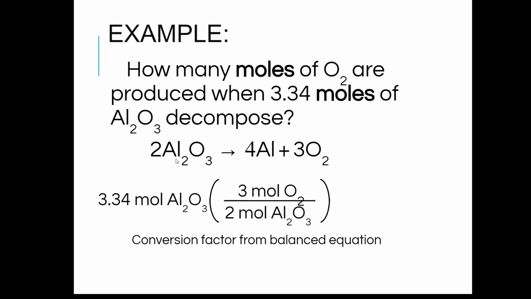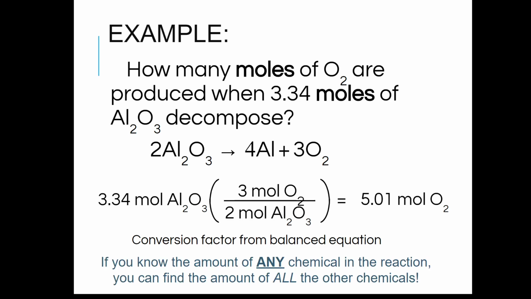Okay, and we have 2 moles of aluminum oxide for every 3 moles of oxygen. Okay. And then from here, all that we'd have to do is multiply the 3.34 times 3 and then divide it by 2. And that'll give us 5.01 moles of oxygen. Okay.